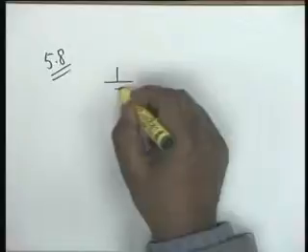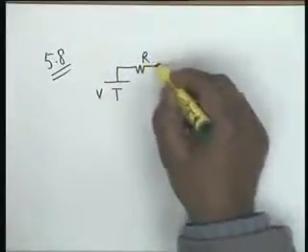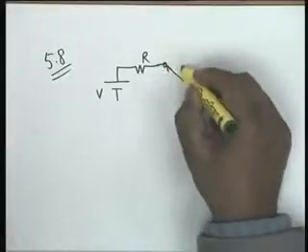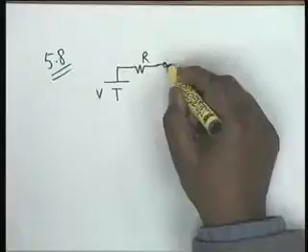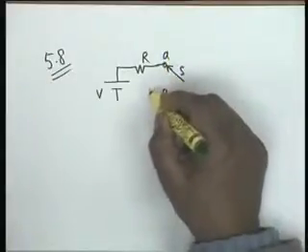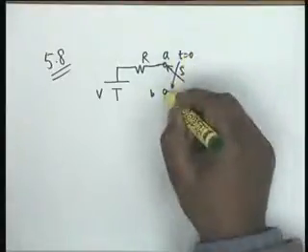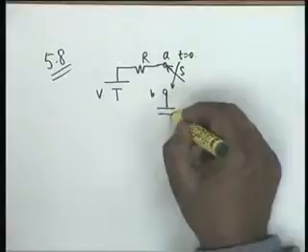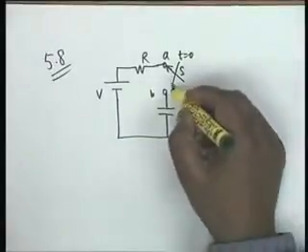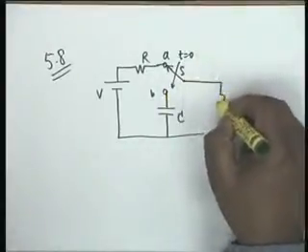There is a voltage source V, a resistance R, and a switch S, which goes from the point A to the point B at time t equal to 0, and to B is connected a capacitor C, then to S is connected an inductor L.